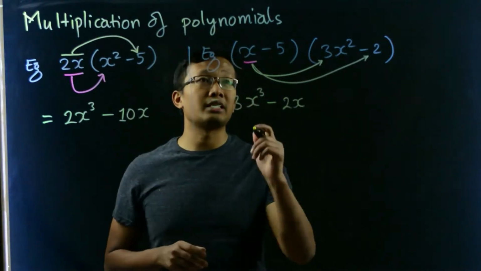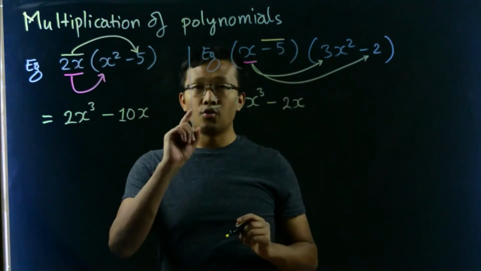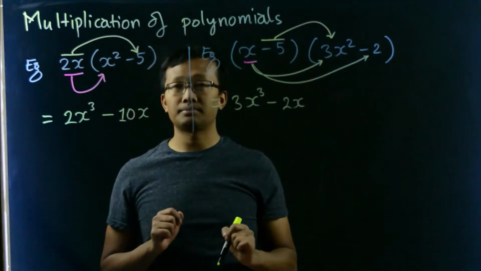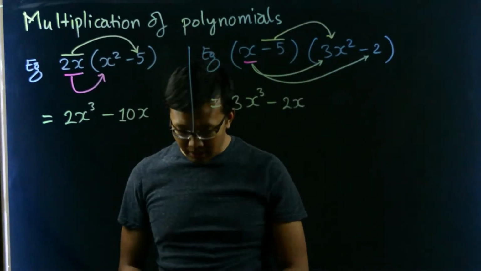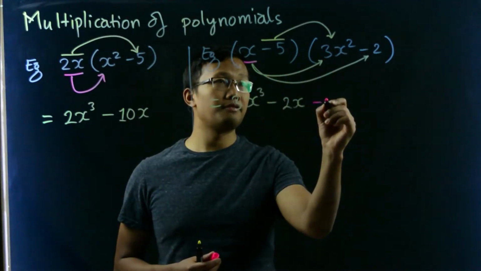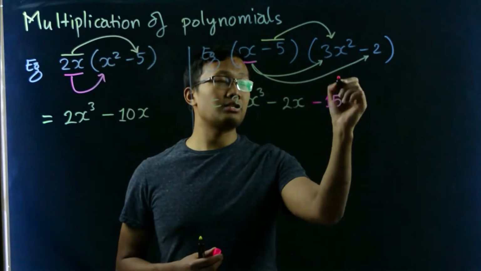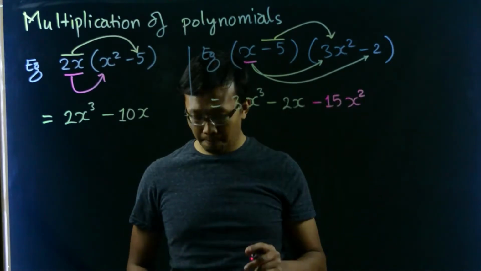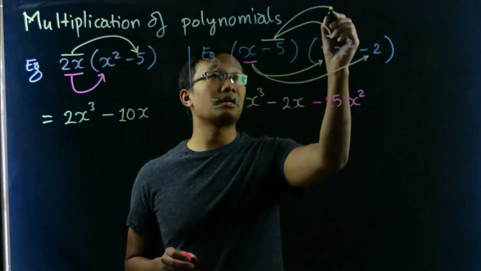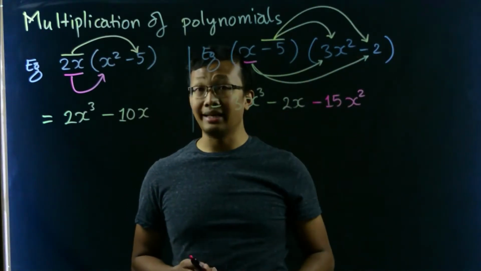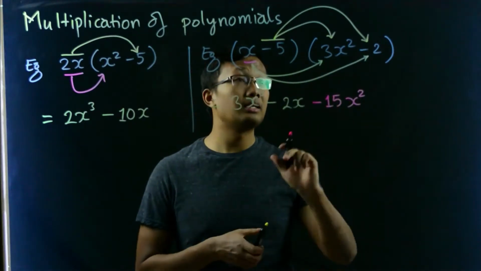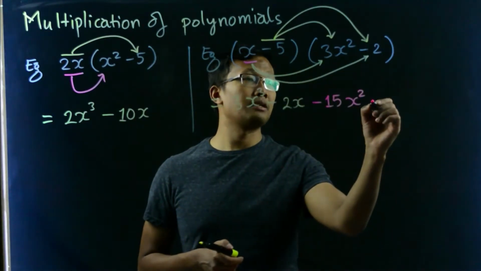Now let's go for the second term, which is negative 5. We will multiply negative 5 with 3x squared. That will give us negative 5 times 3, which is negative 15x squared. And similarly, let us multiply negative 5 again with negative 2, which is negative 5 times negative 2, is positive 10.